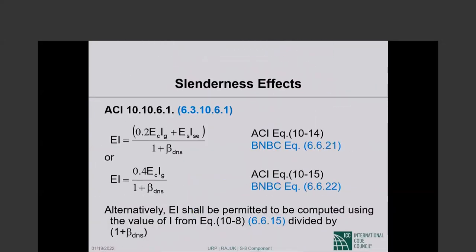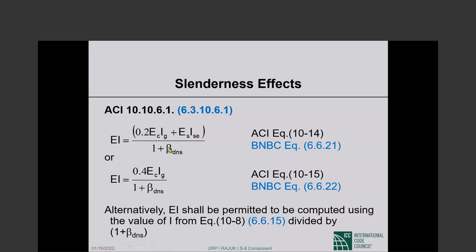The EI that you use in this part in 10-10-6 is either this or that. Okay. 0.2 E sub C, I sub G plus, if you have reinforcement, the I of the reinforcement, divided by the long-term factor, sustained load factor 1 plus beta DNS.